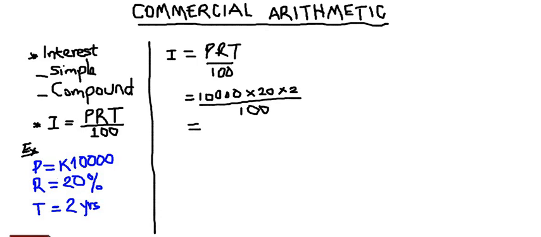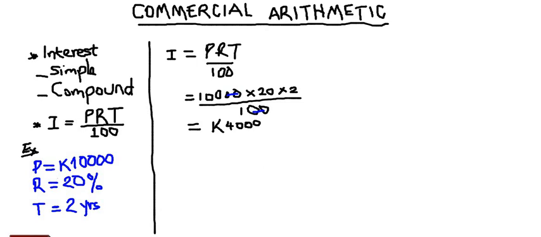So simplifying that, we are going to have 100 times 20 times 2. So that will give us a total of 4,000.